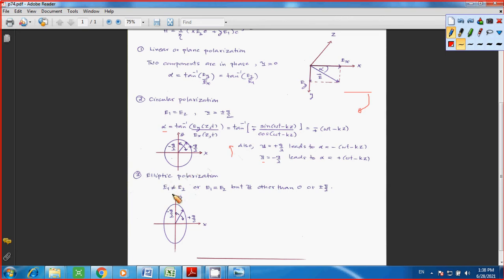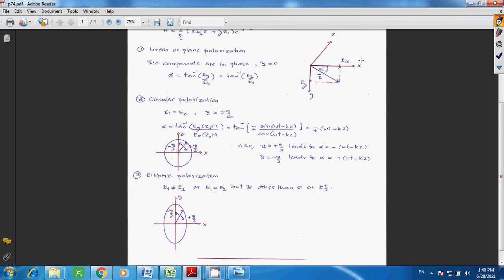For elliptic polarization, E1 not equal to E2, or if E1 equal to E2 but psi other than 0 or plus and minus pi over 2. Okay, so that's about wave polarization, to analyze what type of polarization it is.